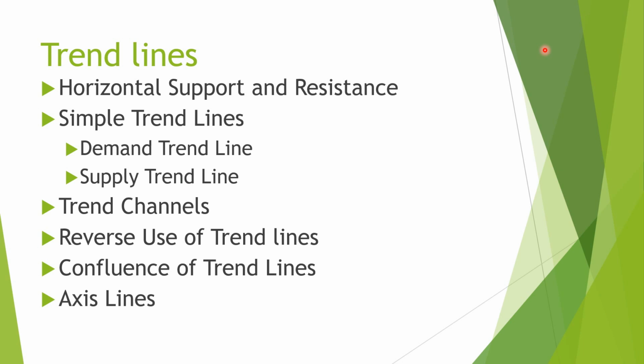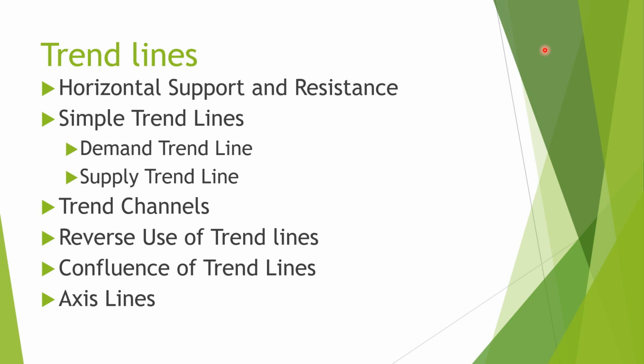Then we will study how to draw trend channels by taking a line parallel to either resistance line when going down or a line parallel to support line when going up. So these trend channels are very useful and we will see how to use them. Then we will see reverse use of trend lines, and very important aspect, confluence of horizontal and sloping trend lines.